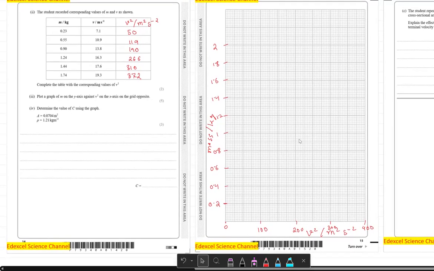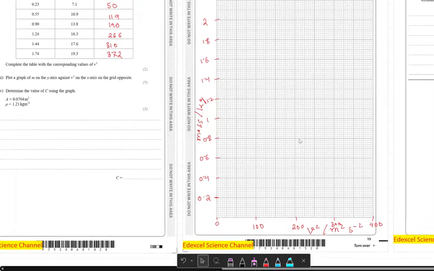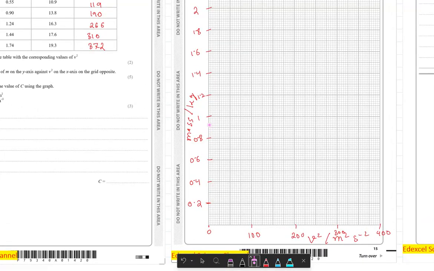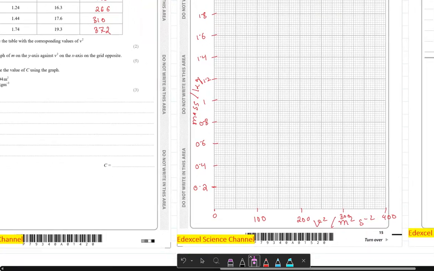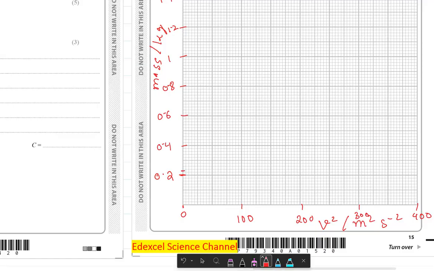So now let's plot, guys. 0.23 and 50. Usually I like to read the y values first, because it's just much more helpful. So 0.23 must be somewhere over here, and the corresponding value is 50, which is basically over here.